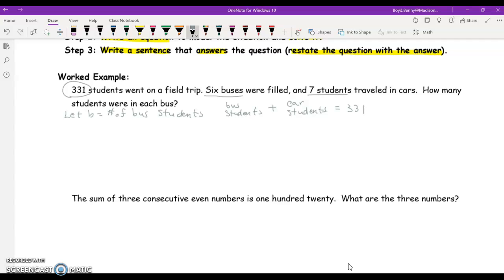How would I figure out the total number of bus students? Well, there were 6 buses and B on each bus, so that would be the total bus students.